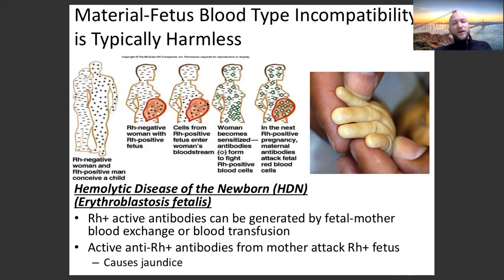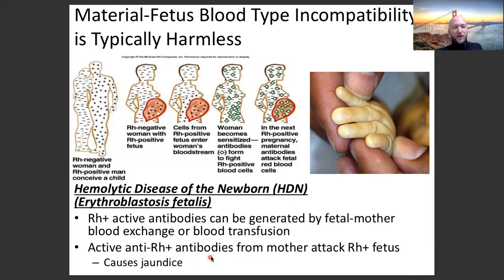But after that pregnancy, she's still going to have those antibodies floating around her body. And if she gets pregnant again and that baby is Rh positive, her body can attack the red blood cells of that baby and cause the hemolytic disease of the newborn. So hemolytic, blood lysing, disease of the newborn, HDN, or erythroblastosis fetalis.